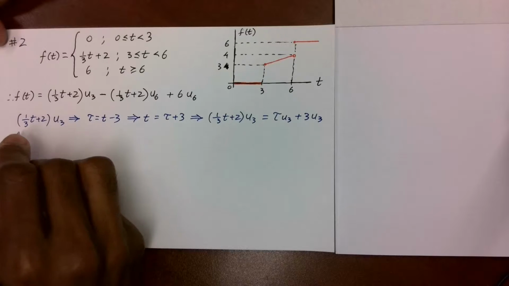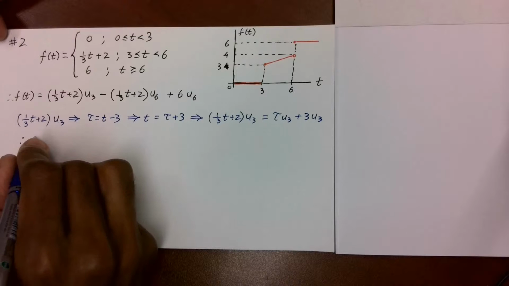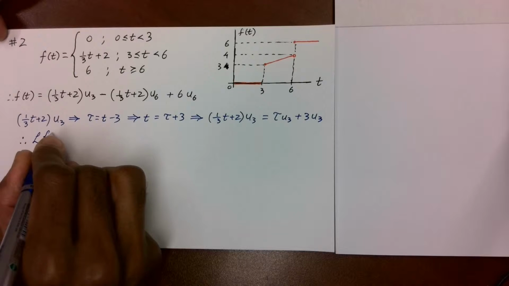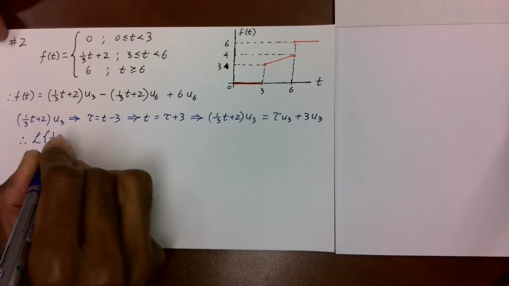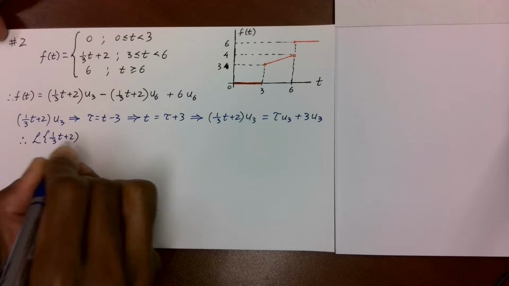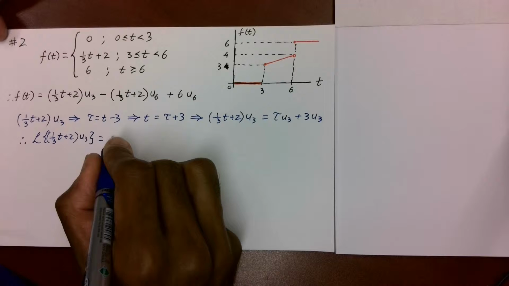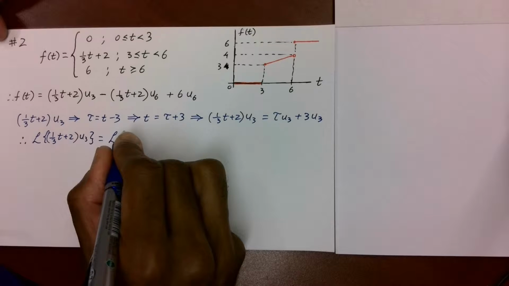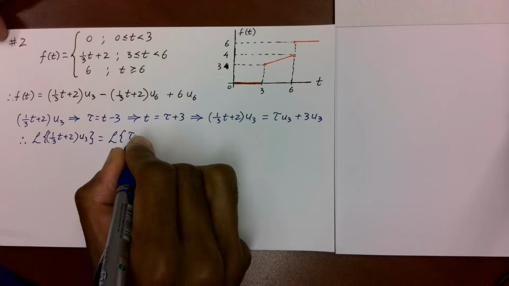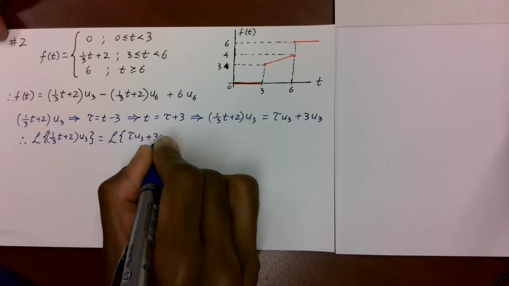And therefore, let's go ahead and take the Laplace transform. So the Laplace transform of (1/3 t + 2) u3 is the same as taking the Laplace transform of tau u3 + 3 u3.